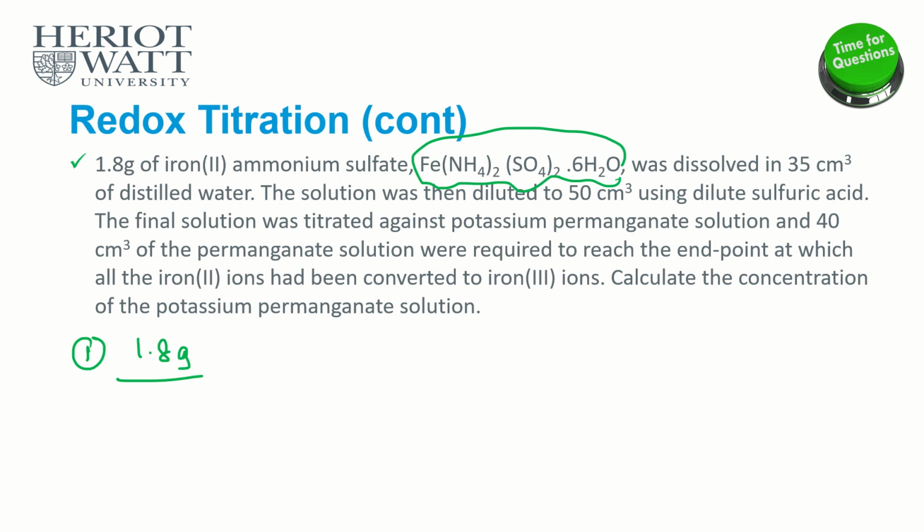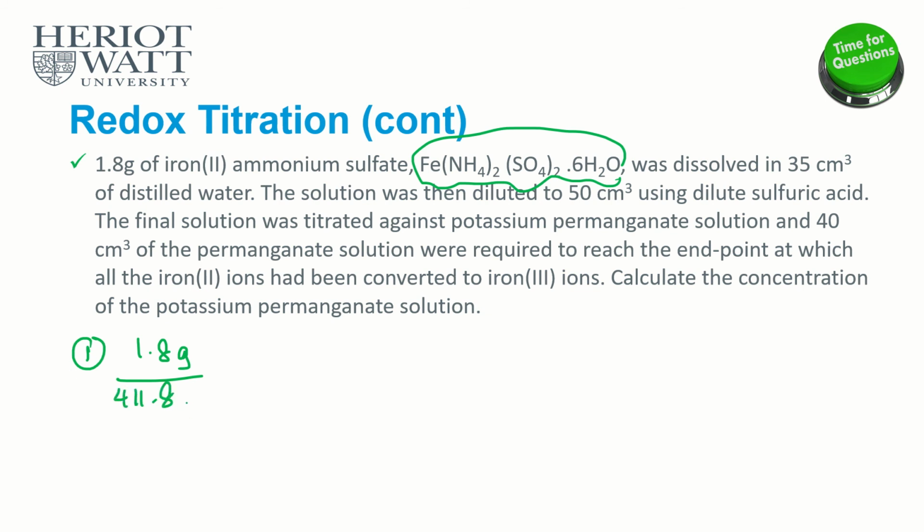Plus oxygen, 64 times 2. Plus 6 water. The dot here is plus and not multiply. So you plus 6 water, so it's 6 times 18 for water. And then you get 411.8.